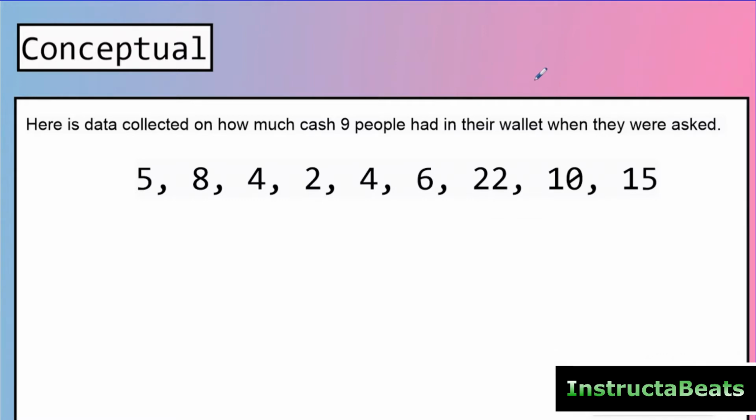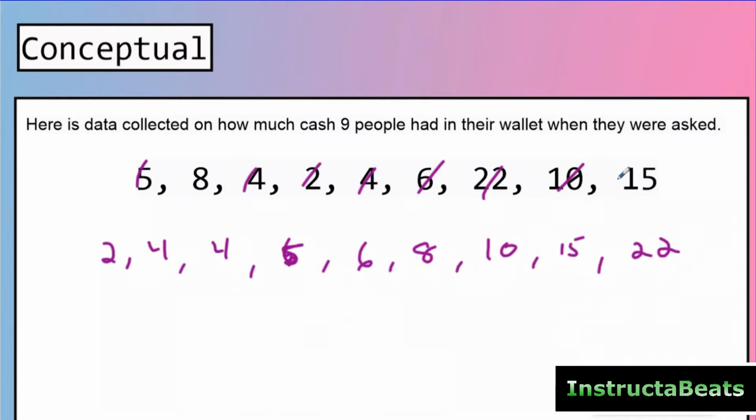Just like we were measuring central tendency, we want to order these numbers from least to greatest. Now that I have them in order from least to greatest, we can start talking about quartiles. If you look at the word quartile, you should recognize the prefix, right? Quart, and we see that in quarts. If you're in a country that uses customary measurements, we see it in quarters, right?